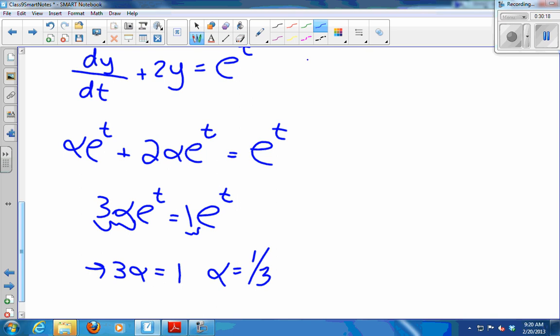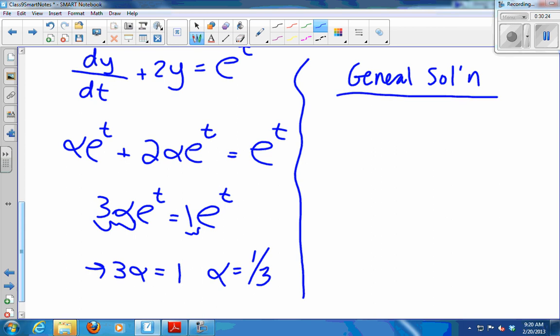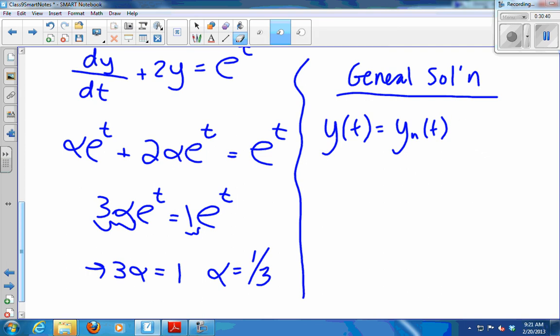So my final general solution: I now have found 1/3 e to the t is my particular. y of t is equal to y sub h, the solution to the homogeneous, plus y sub p, the particular solution that we found to the original differential equation.